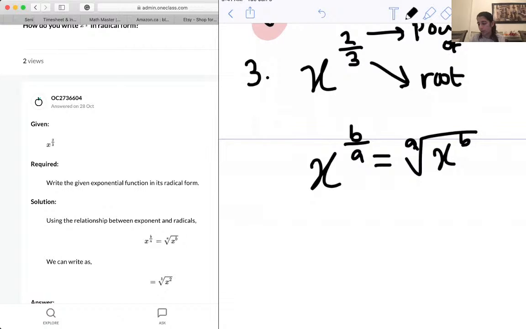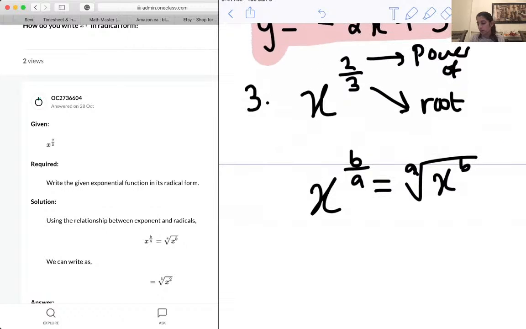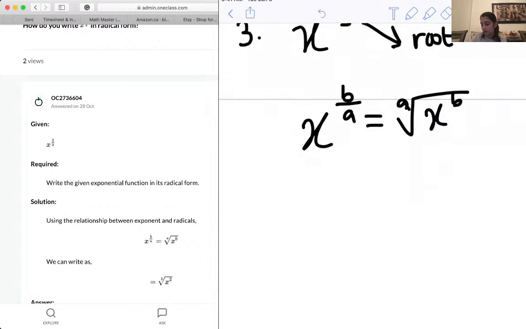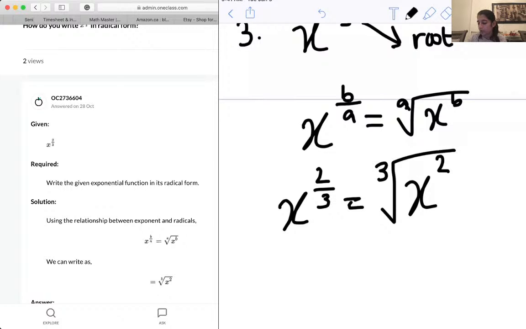Basically, what I wrote at the top over here, the numerator is the power, and the denominator is the root. So x to the power of 2 over 3 would be the cube root of x to the power of 2. So that is our final answer.